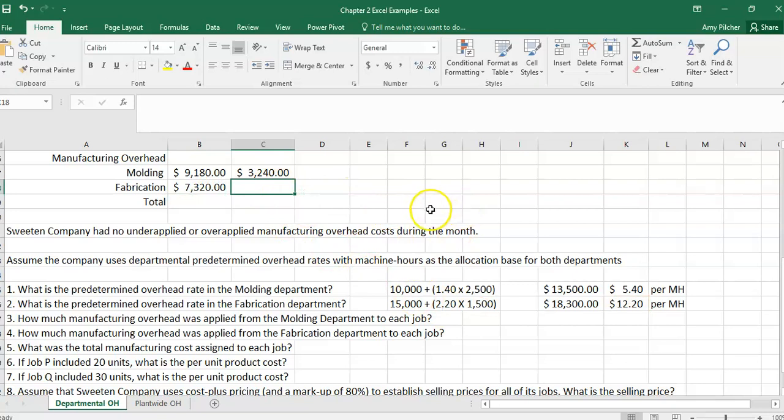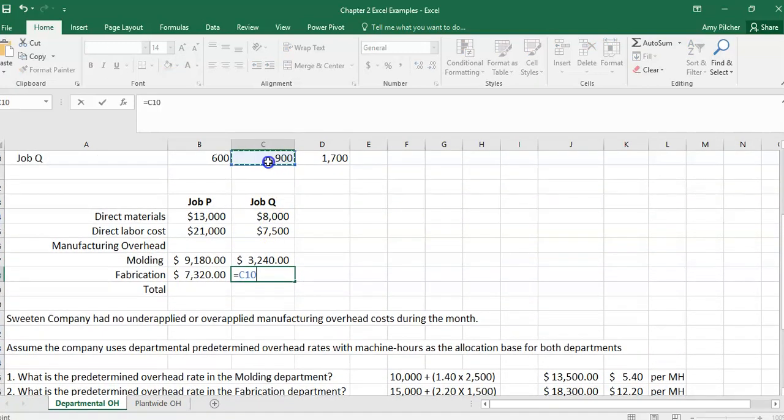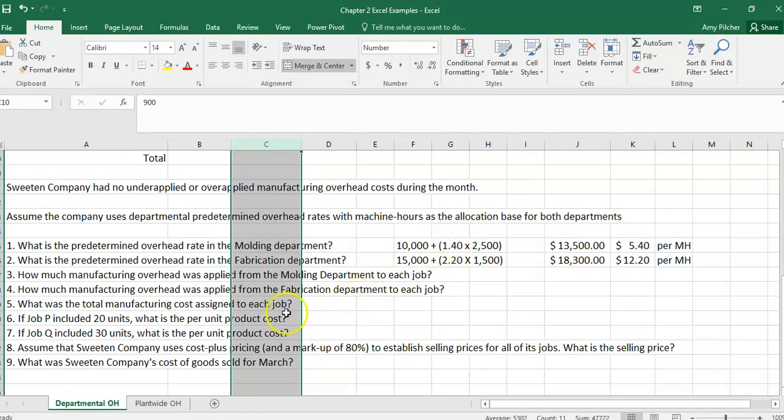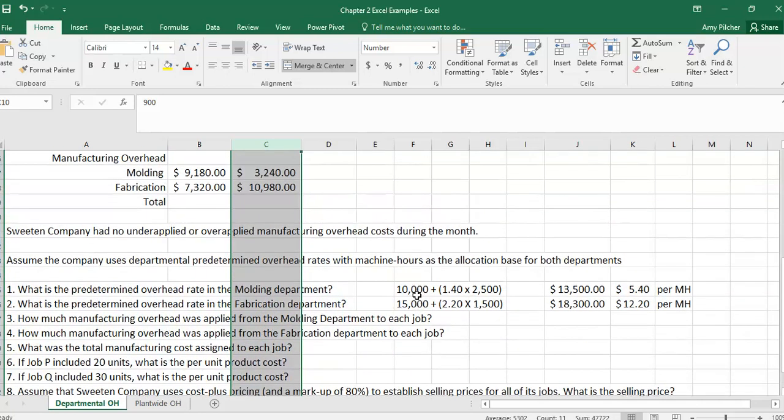And for job Q, we take the hours of 900 machine hours times our $12.20 per machine hour. So now we've answered how much overhead was applied from the molding department to each job and how much overhead was applied from the fabrication department to each job.